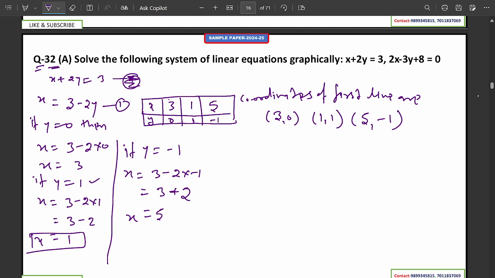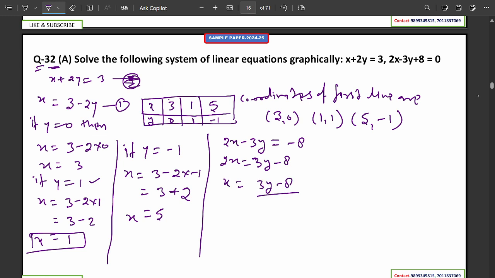Similarly, we can solve the other equation. So equation number 2 is 2x minus 3y is equal to minus 8. So it will become 2x is equal to 3y minus 8, so x is equal to (3y minus 8) over 2.